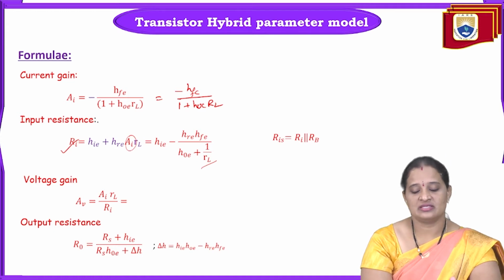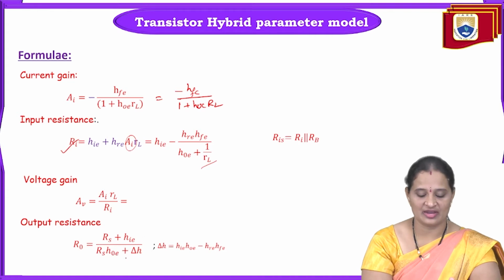Next, the output resistance. The formula for output resistance is given by RS plus HI divided by RS HOE plus delta H, where delta H is given by HIE HOE minus HR HF.